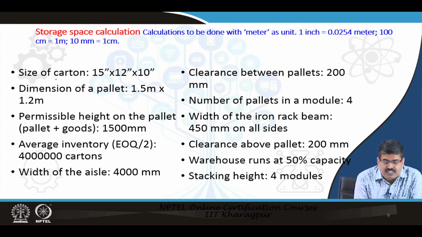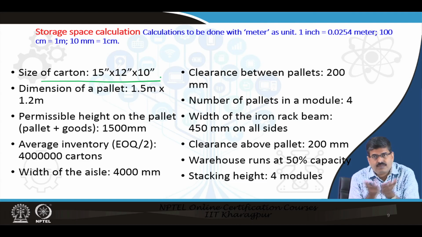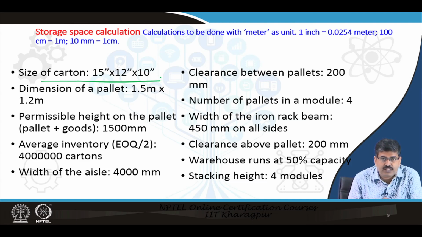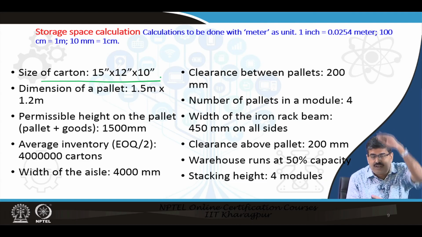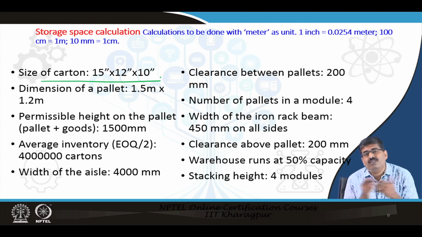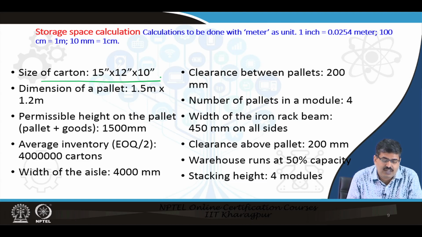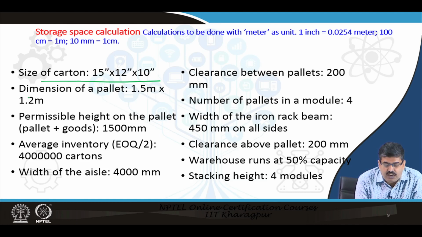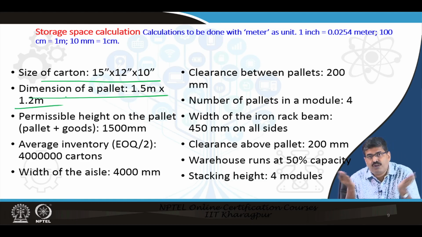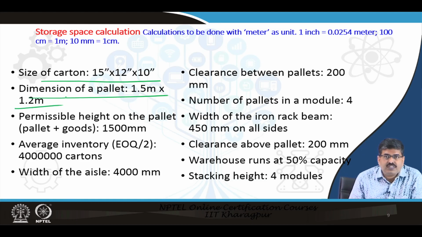Look at it, size of the carton, that is pallet, carton is on top of this. In your local shops they bring cartons in cardboard sizes. Size of carton is 15 inch, 12 inch, 10 inch. Dimension of a pallet is 1.5 into 1.2. What is the first thing that is coming into your mind? Number of cartons that can be put on a pallet, right.